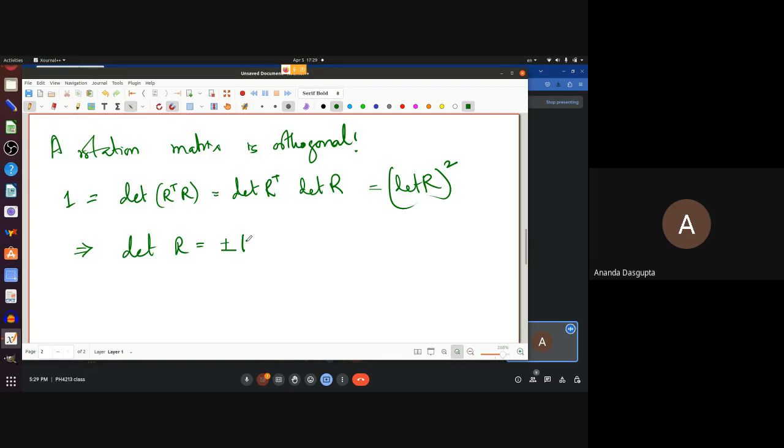We are considering real values, right? That's why we got this orthogonal transpose. This is not a Hermitian adjoint. And these are real numbers. After all, this is a bunch of 3 real coordinates which is transforming to another bunch of 3 real coordinates. All the components are real.